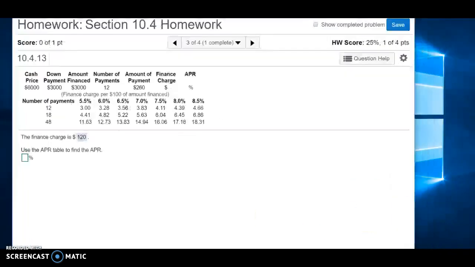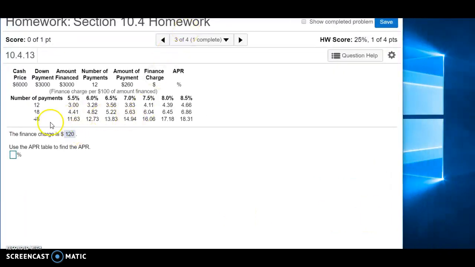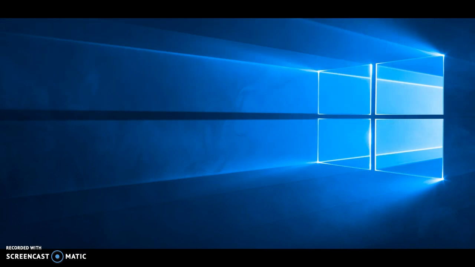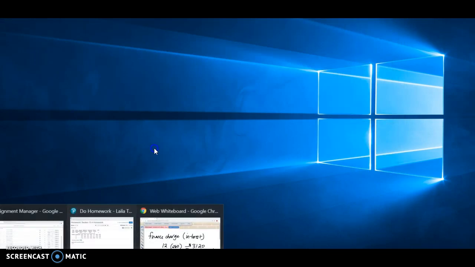And let's remember when we're looking at this table that you find the number of payments in the first column, and then the bold percentages up top on the first row are the APR amounts, and then we use the information inside the table. Okay, so let's solve this one. I'm going to bring back up the whiteboard.